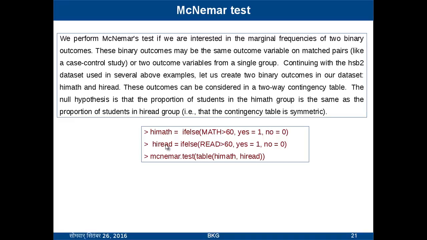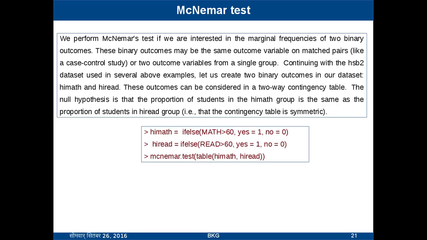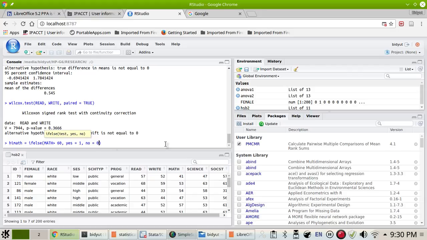Let us try it in RStudio, that is high math, ifelse, math, 60, yes 1, no 0.